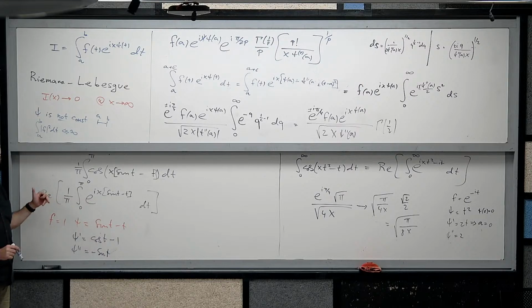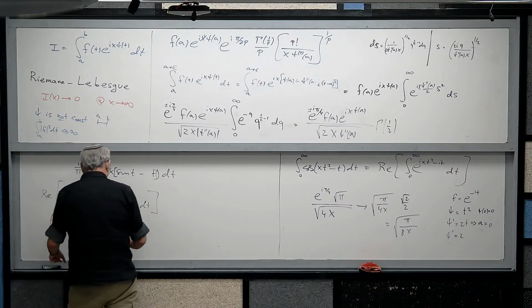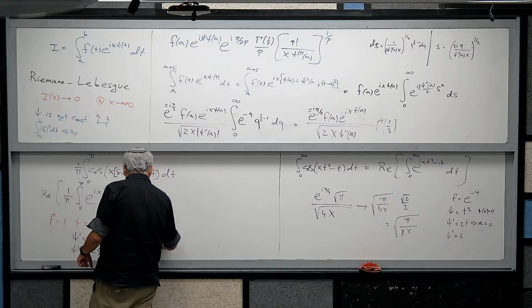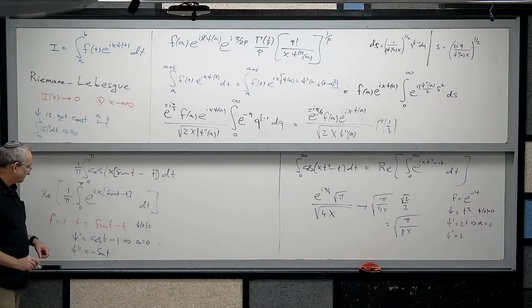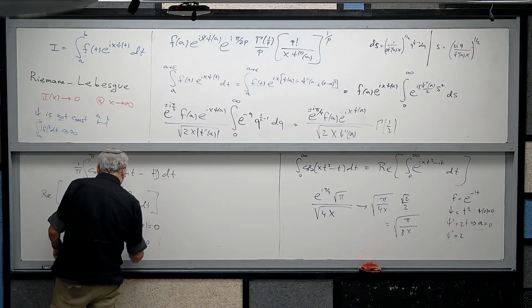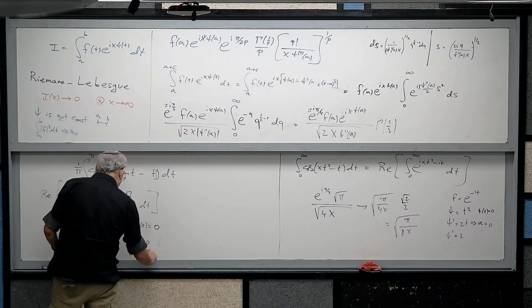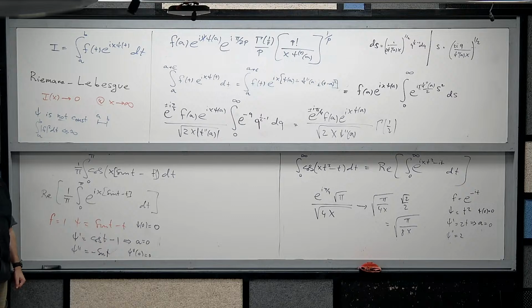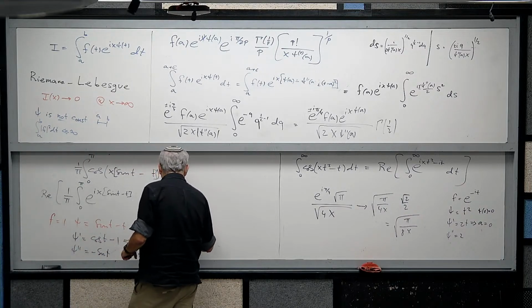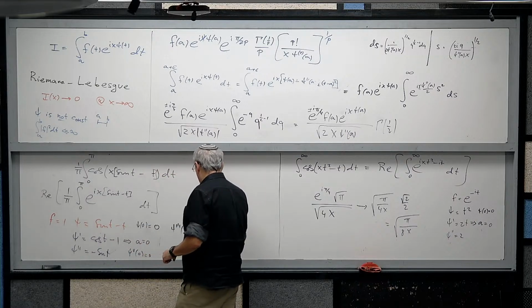All what we did was when the stationary point is on the border from the very beginning. So A is 0, and psi of 0 is 0. What about psi double prime of 0? It's also 0. So what should I do? Take the next derivative. Psi triple prime of 0 is minus 1.